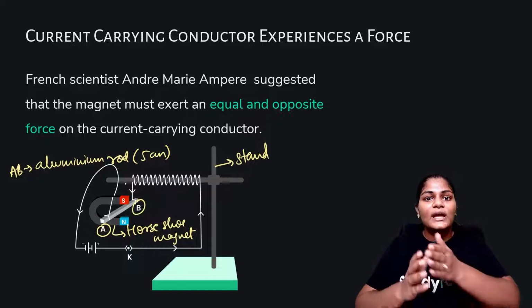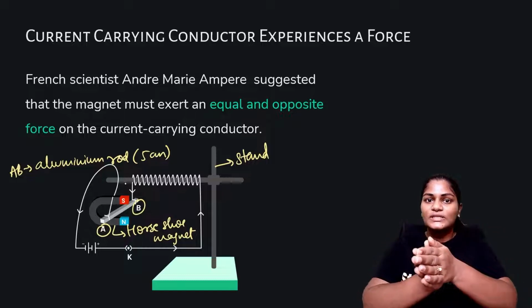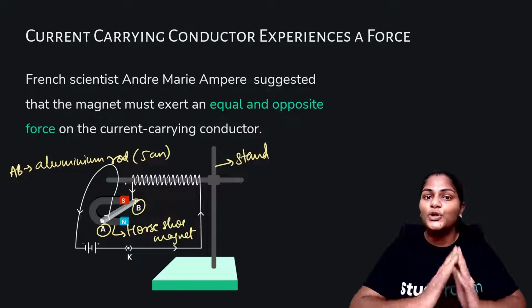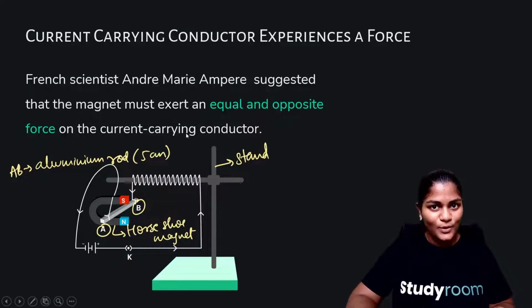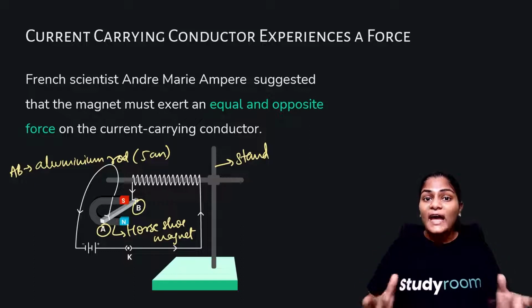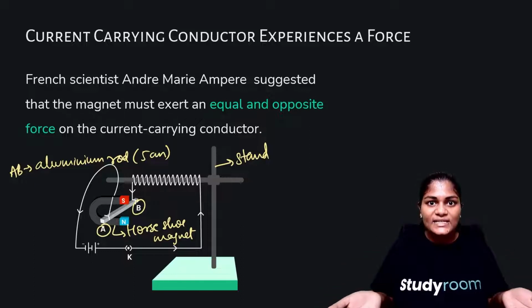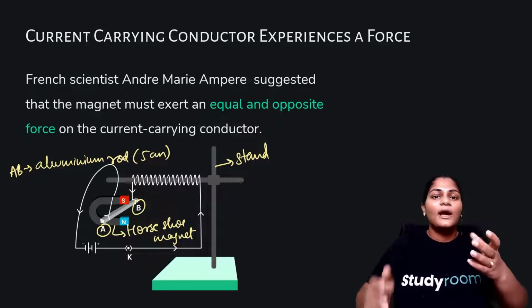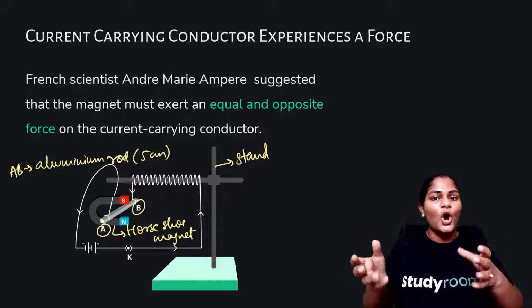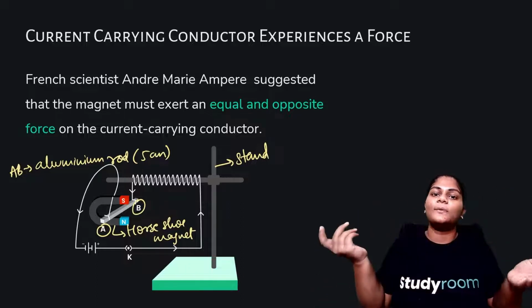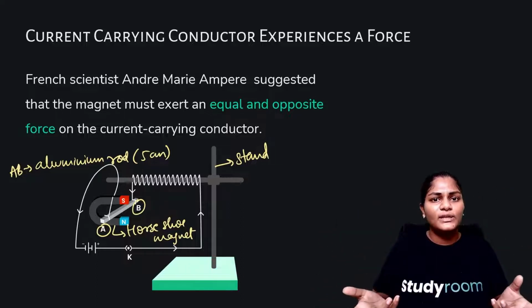What does that mean? It moves quickly towards the left side. That means it experiences a force towards the left side. Okay. Because an aluminium rod in itself doesn't have any magnetic properties, right? Why would a magnet exert any force on a normal piece of material, right? If there is a plastic kept near a magnet, it would not exert any force on it.